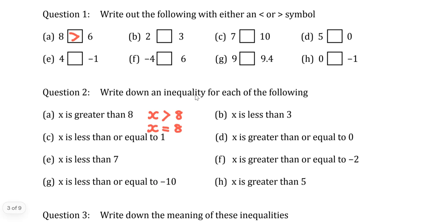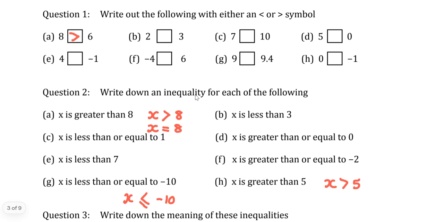All right? So again, if we said x is greater than 5, we'd just be saying x is greater than 5. How many numbers are greater than 5? An infinite number. What about x is less than or equal to minus 10? Have you seen that symbol? Yeah. Okay, so the little line means you're also allowed minus 10.